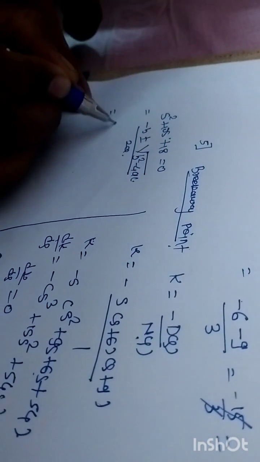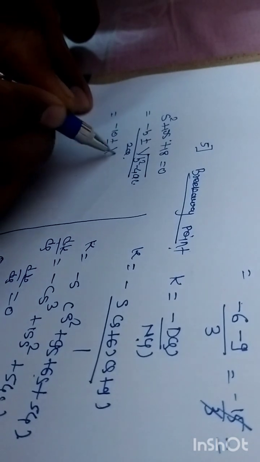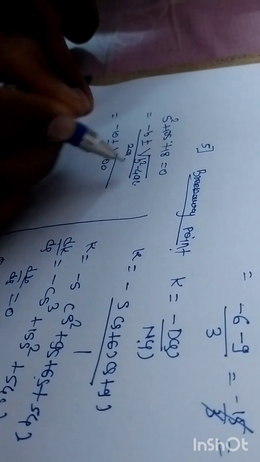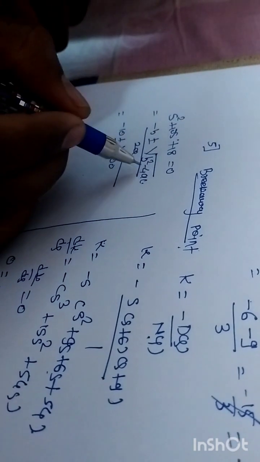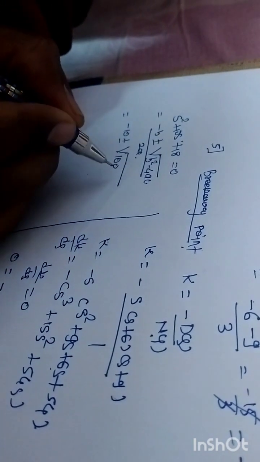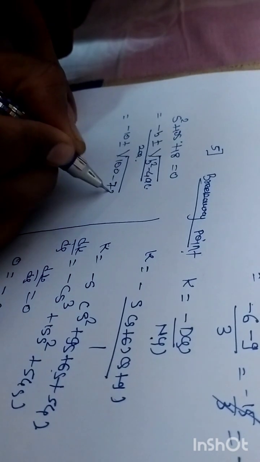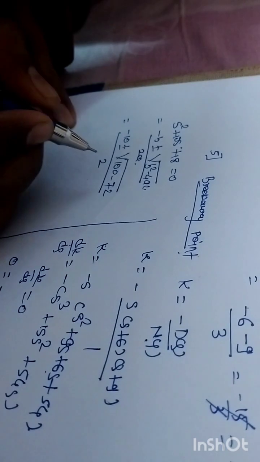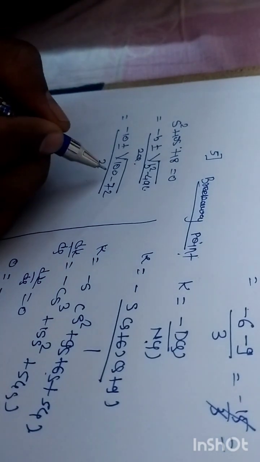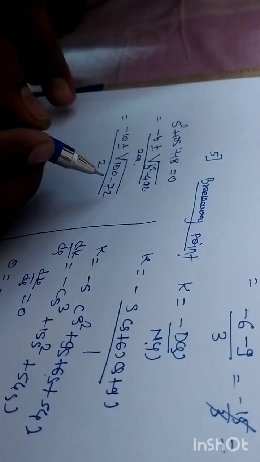As you can see, minus b is minus 10, plus minus square root of b square, which is 100, minus 4 with a equals 1 and c equals 18. So 4 into 18 is 72, divided by 2a, which is 2. Square root of 100 minus 72 becomes 28.